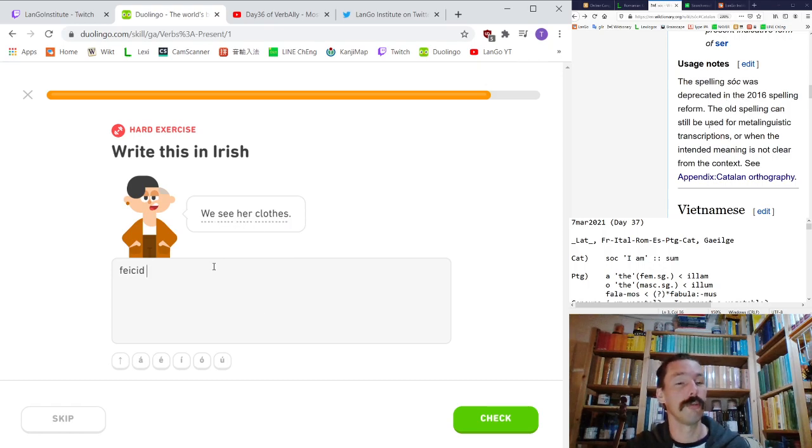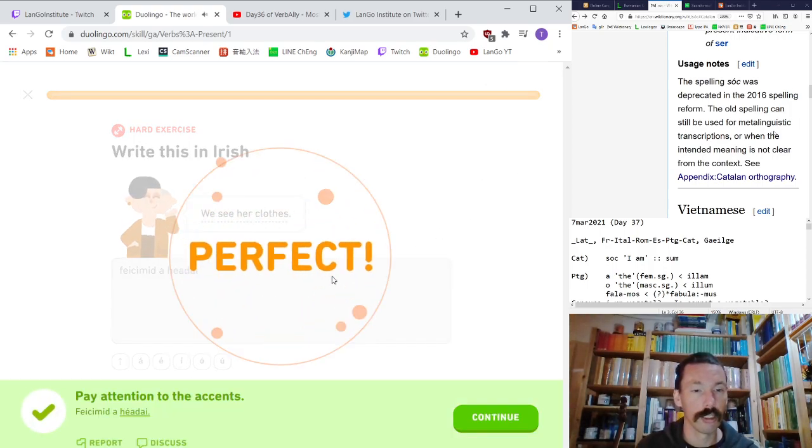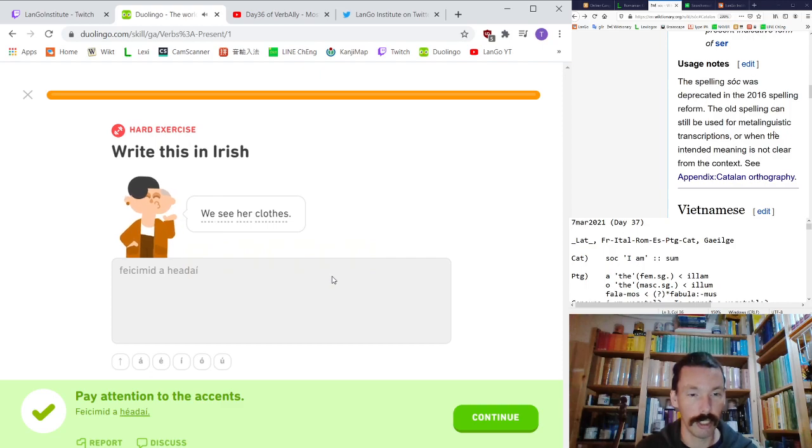It's going to be a h-éadaí. We see, fused form, and then prothetic H. Long accented A and E there. Feicimid a h-éadaí. Basic form of the noun doesn't have an H. It gets added as part of this possessive construction.